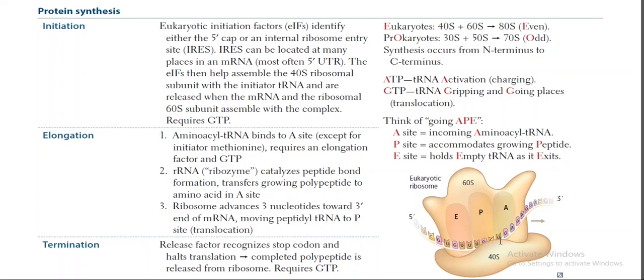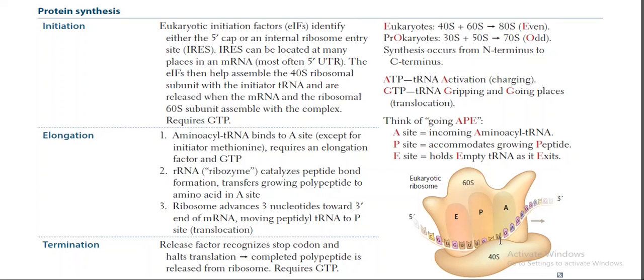So after this, the initiation factor 5 hydrolyzes the GTP attached to the initiation factor, to utilize the energy released from the GTP hydrolysis for the correct placement of tRNA against the AUG initiation codon.